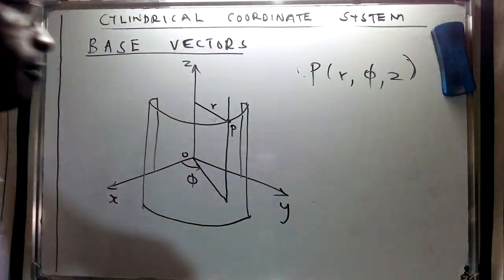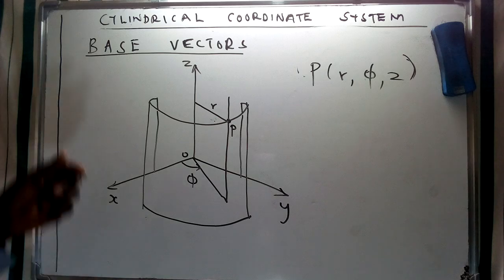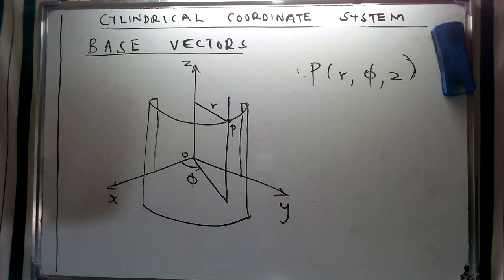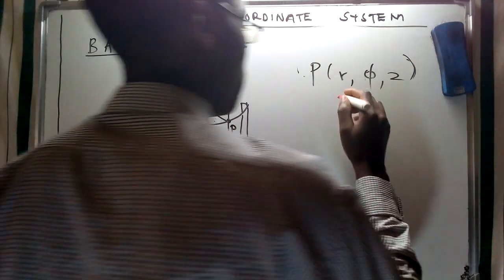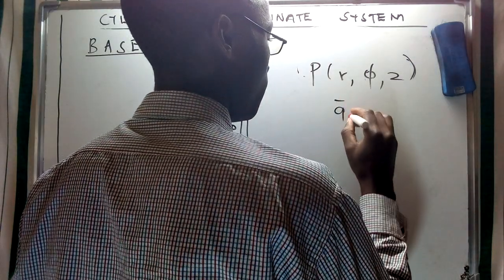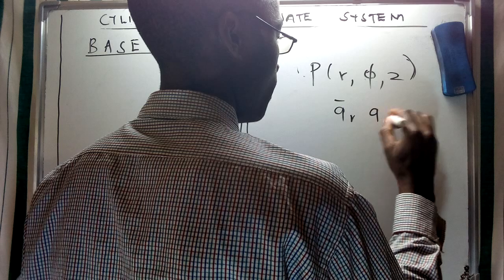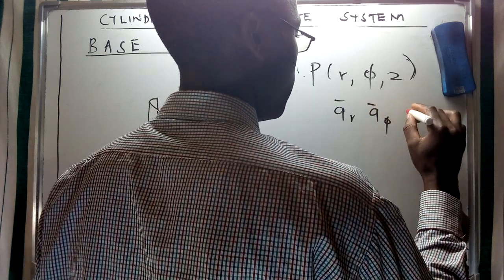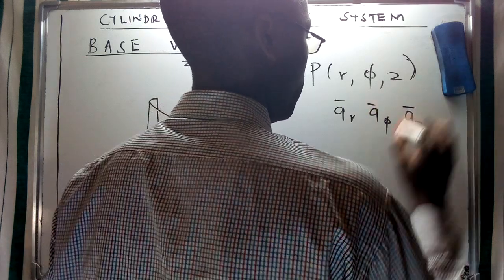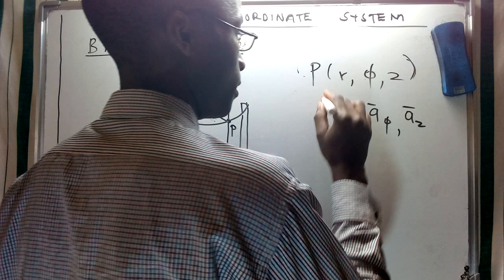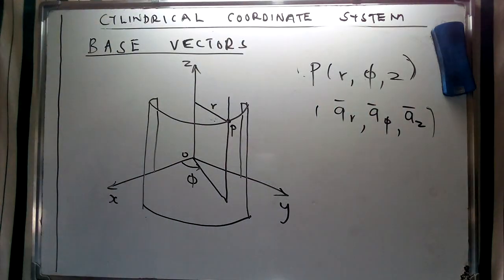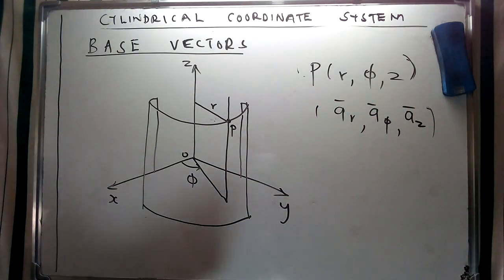So these are the three variables which are going to define a cylindrical coordinate system. And therefore, the unit vectors for those various directions r, phi, and z are going to be illustrated using a_r, a_phi, and a_z. Those form the unit vectors for these three basic variables of the cylindrical coordinate system.